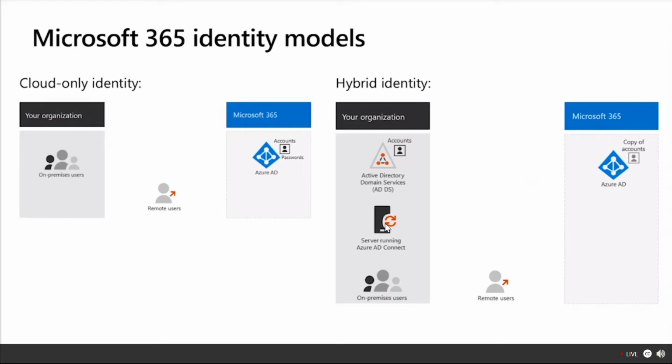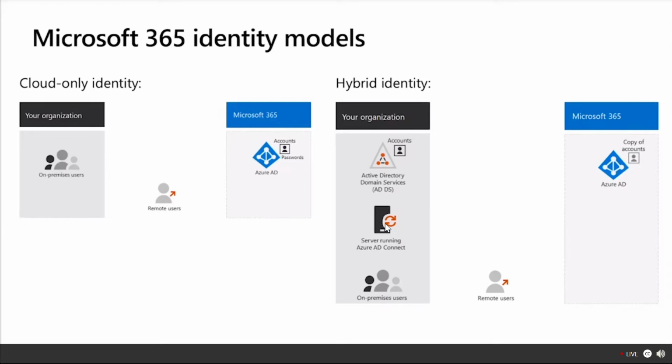Now, depending on your business needs and technical requirements, the hybrid identity model may be your best choice. Hybrid identity uses accounts that originate in an on-prem Active Directory Domain Services, ADDS, and have a copy in the Azure AD tenant of a Microsoft 365 subscription.